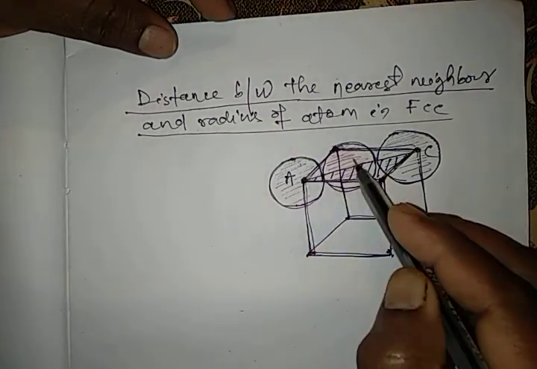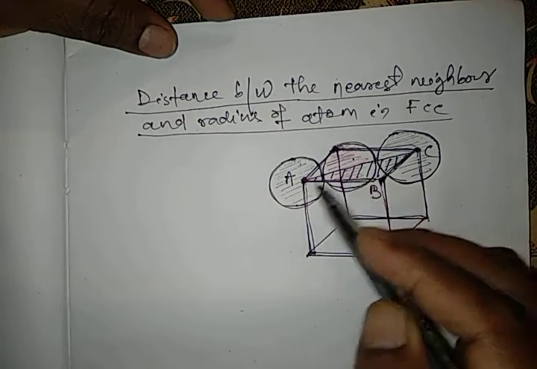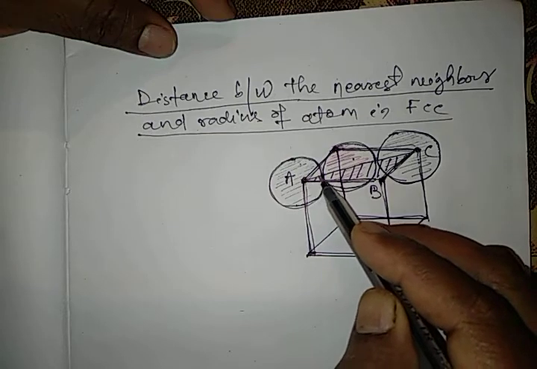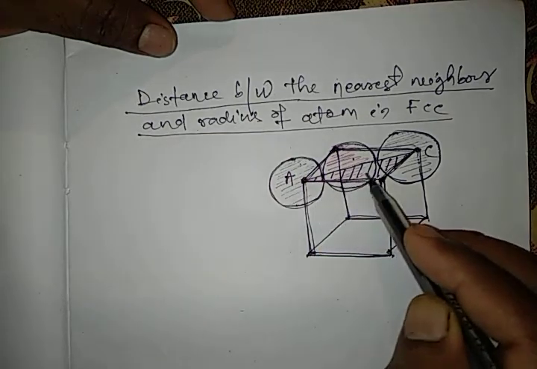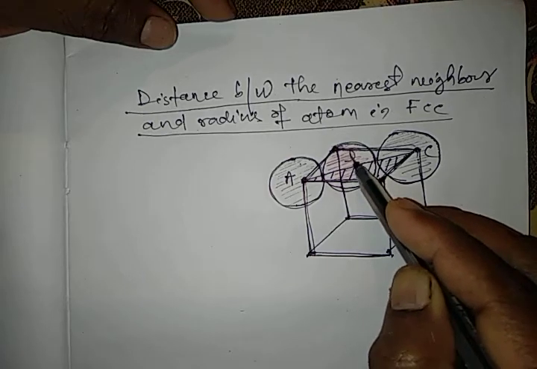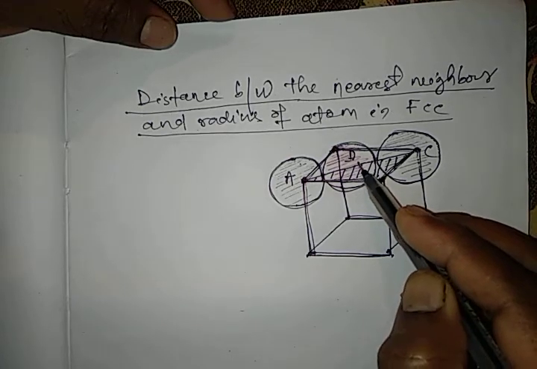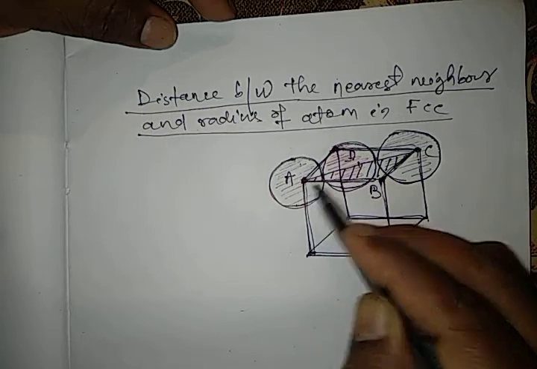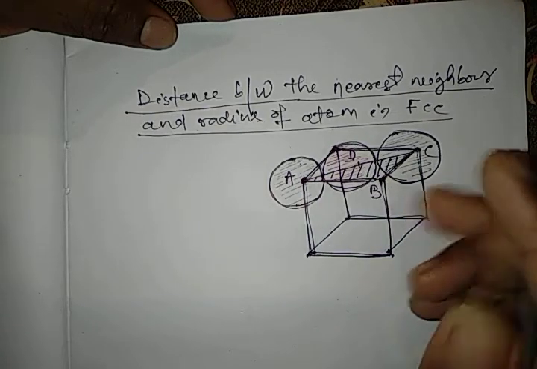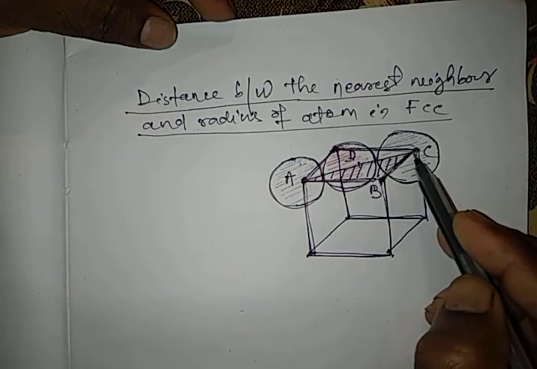This atom and this atom are the nearest neighbor atoms, so the distance between these two nearest neighbor atoms will be AD, where D is the midpoint of AC.